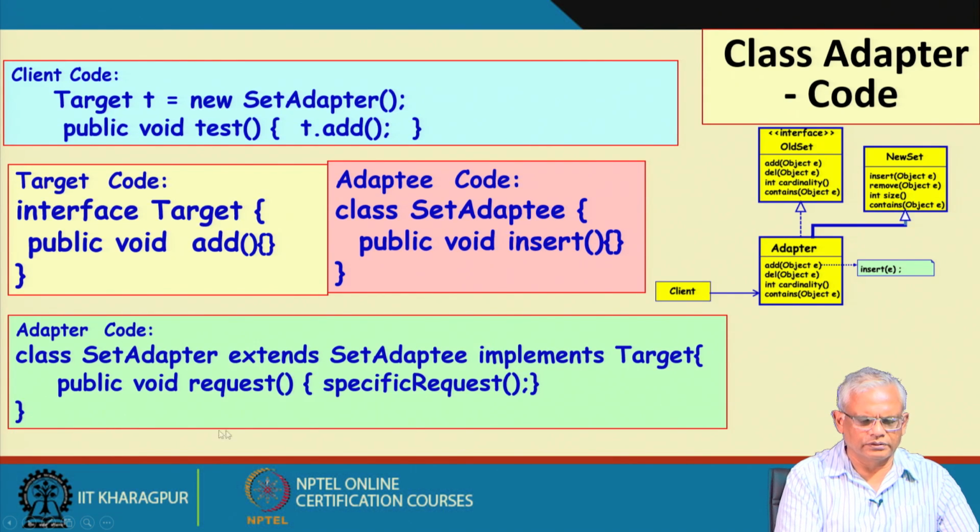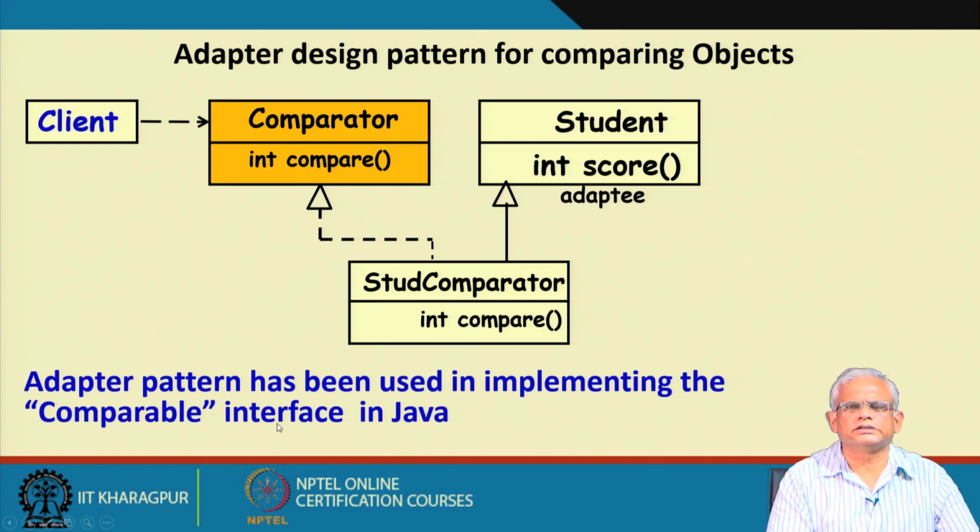Now, let us see some applications of the adapter pattern. One application of the adapter pattern, which almost everybody doing a Java program needs to do sometime or other, is to use a comparator class.